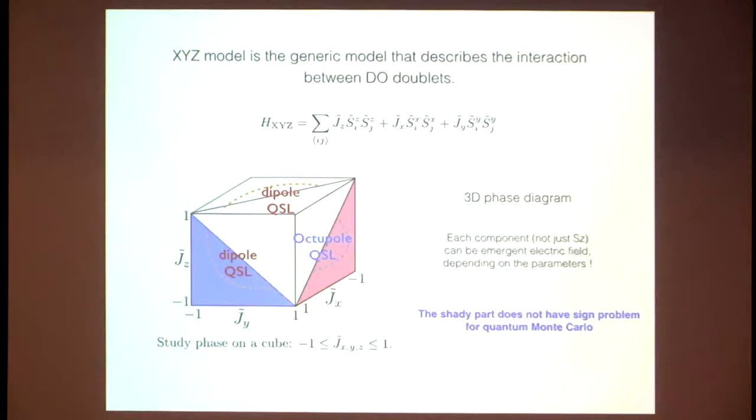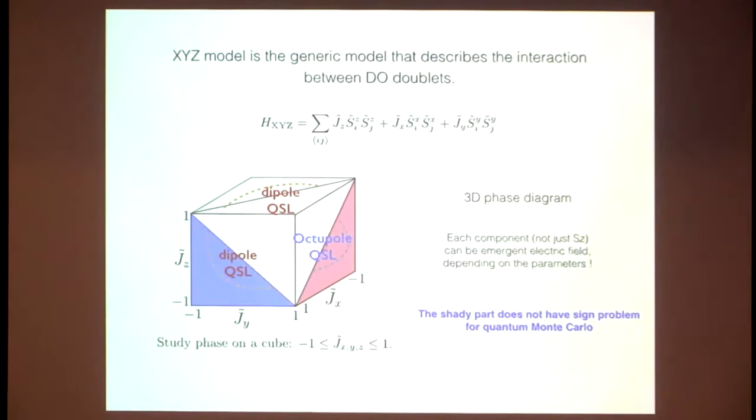Sz would be the so-called emergent electric field, and Sx, Sy would be creating spinon variables. But because of this permutation property, we can equally regard Sy as a quantization axis by doing a simple permutation. Likewise, you can treat Sx as your quantization axis.